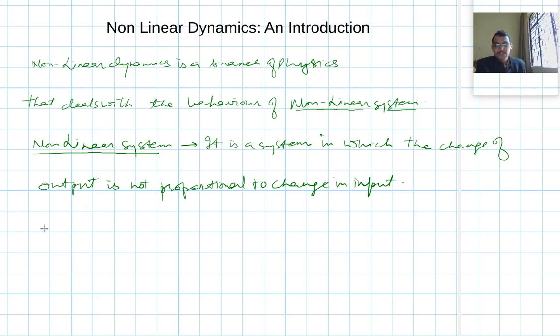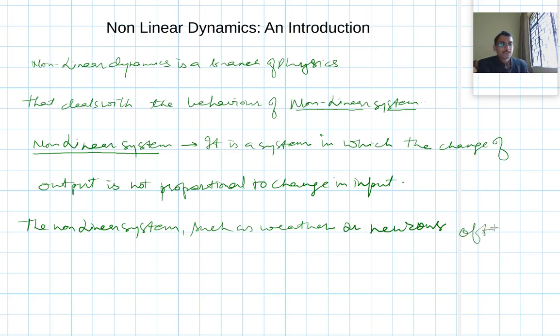A system such as weather or neurons often appears chaotic, unpredictable, or counterintuitive.